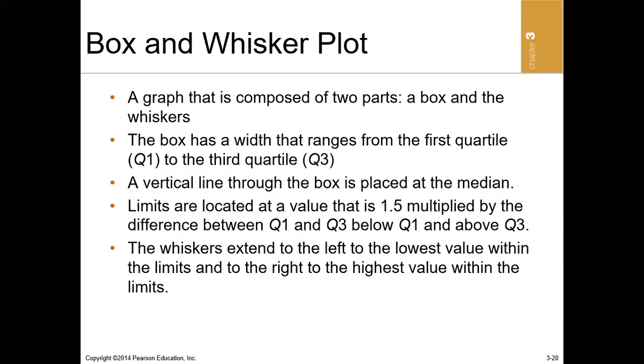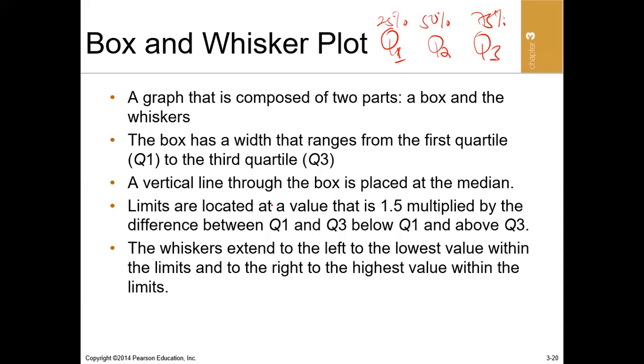Now, we can represent these quartiles, the major quartiles. Listen, the major quartiles are Q1, the first quartile, the second quartile, and the third quartile. These are the 25th percentile, 50th percentile, and 75th percentile.